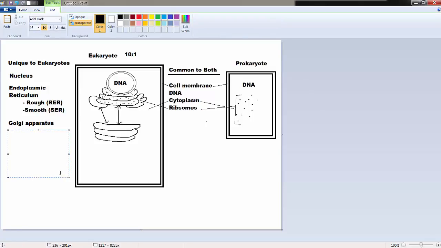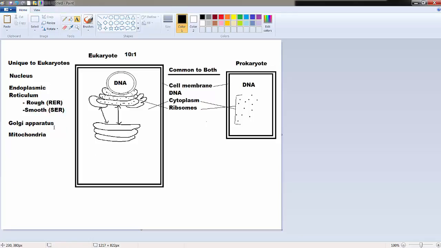Let's talk about another organelle called the mitochondria. Mitochondria, often referred to as the powerhouse of the cell. This can be located almost anywhere in the cell, but I'm going to draw it down here. Another one that's got its own double membrane around it, so this one's got two membranes.